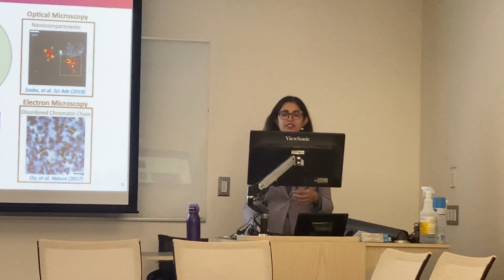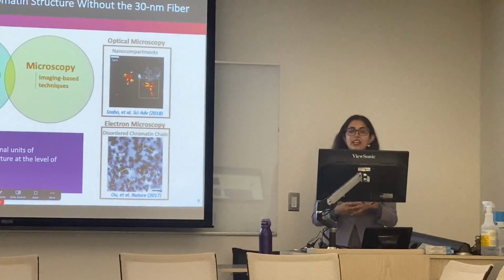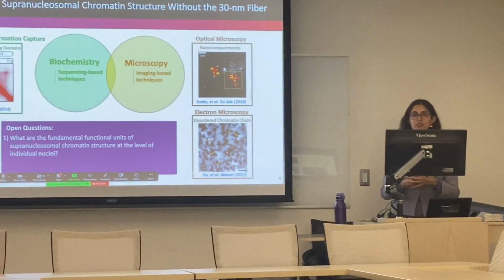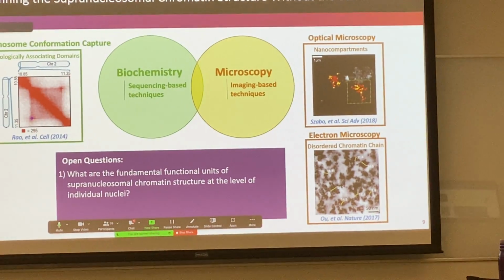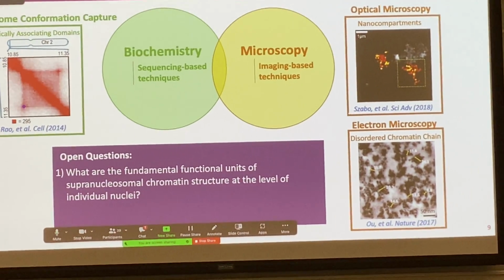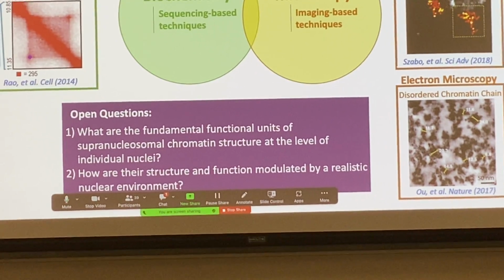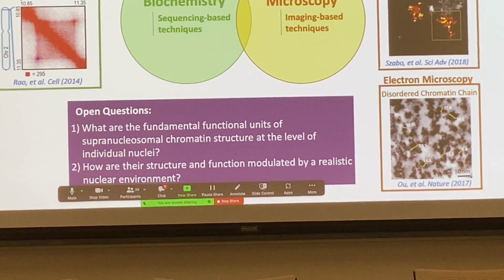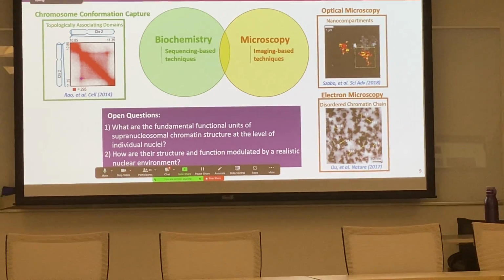So this begs the question: what exactly are the fundamental functional units of supernucleosomal chromatin structure at the level of individual nuclei, and what mechanisms influence the structure and function of these supernucleosomal domains? And in addition, how are their structure and function each modulated by a realistic nuclear environment?